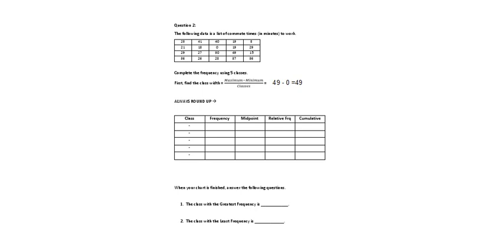Then I'd like to divide that by the number of classes, which in this case is 5. If you do, you're going to get 9.8, but we have to round up to the next number, so that means our class width is 10.